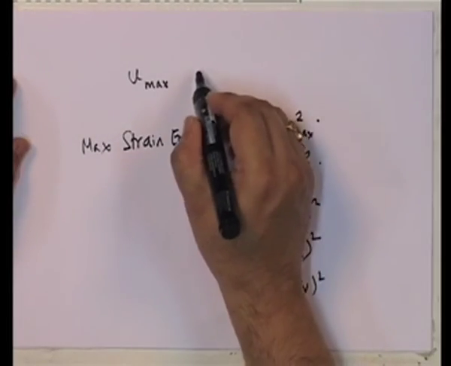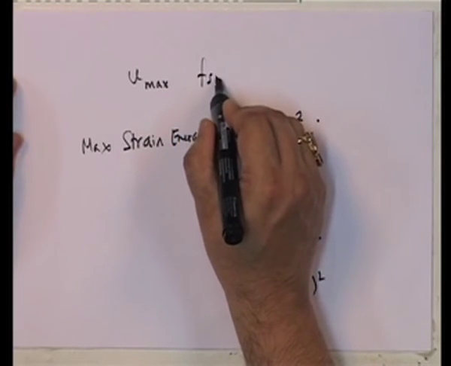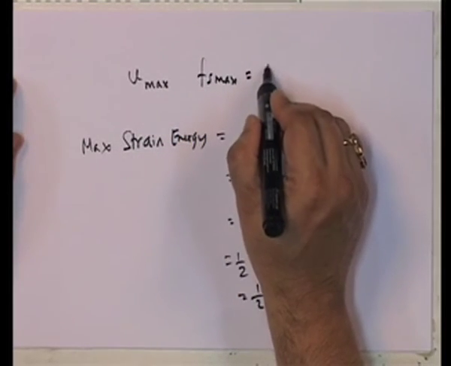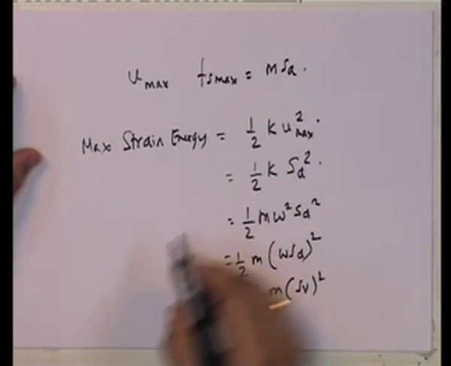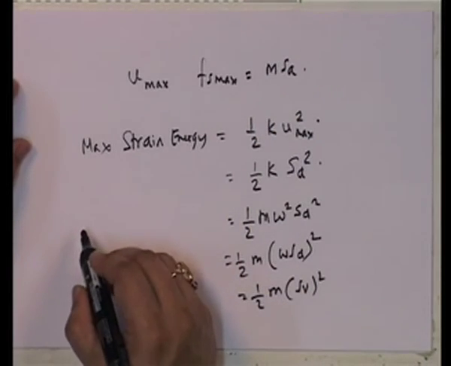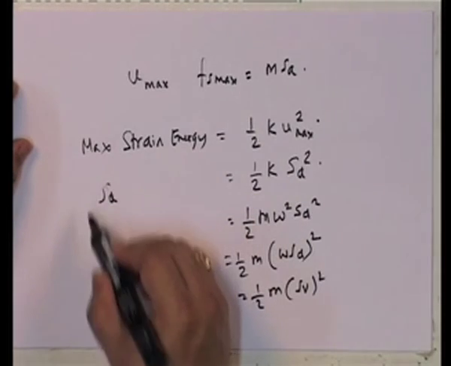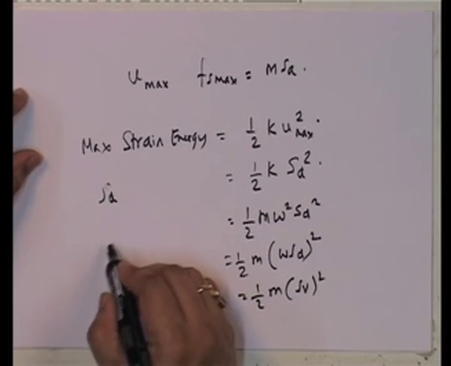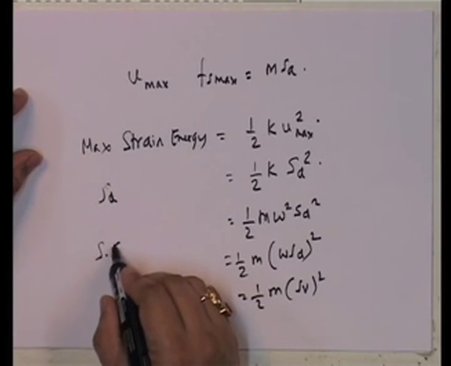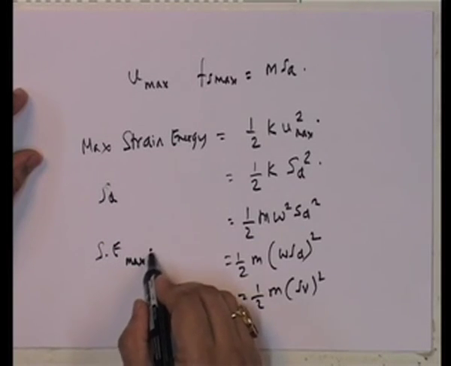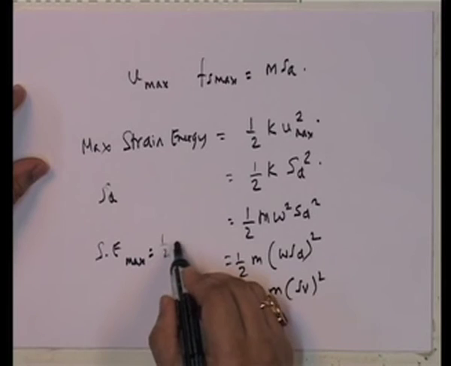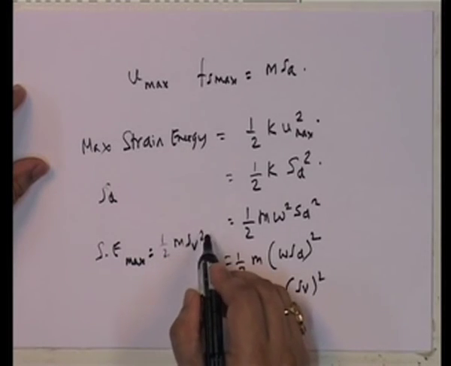So, what is S A required for? Because F S max is equal to m into S A. What is S V? S D of course I know, the maximum deformation, and the maximum strain energy is equal to half m S V squared.